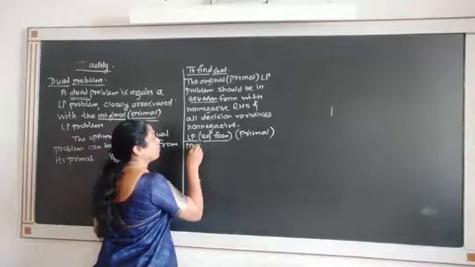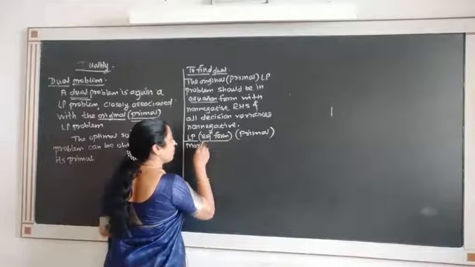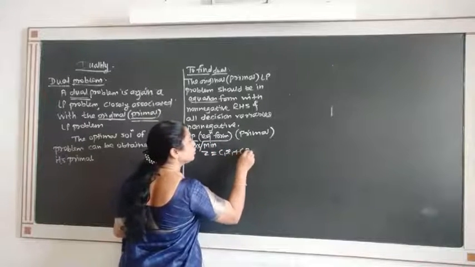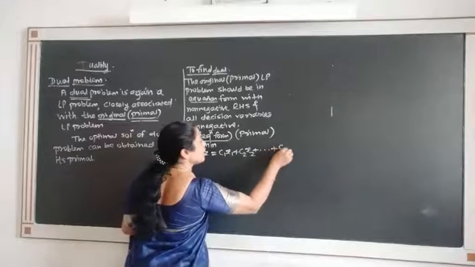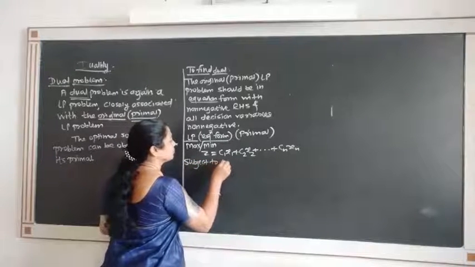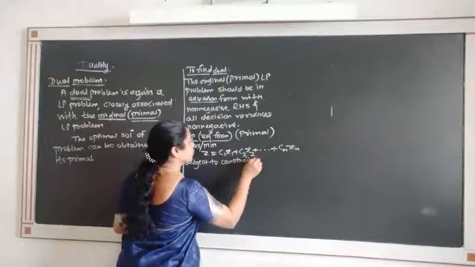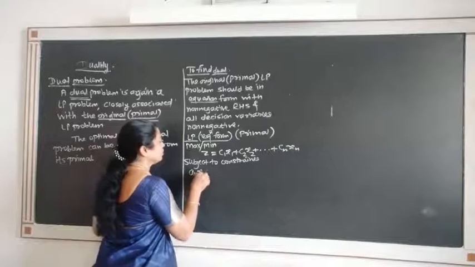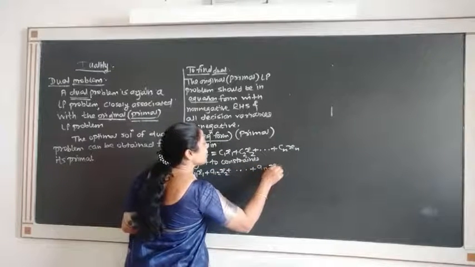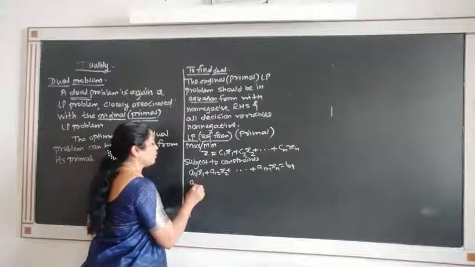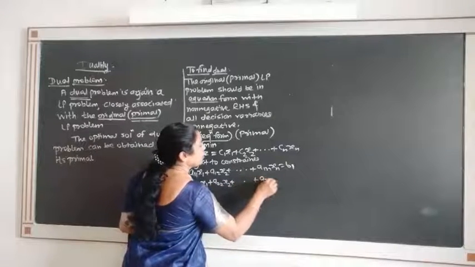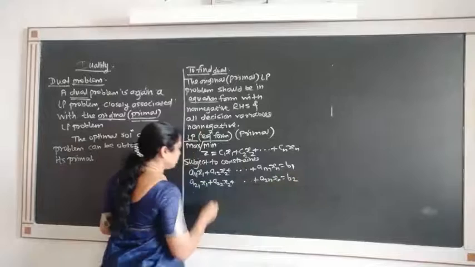Consider the problem: maximize or minimize, it may be anything, z = c1x1 + c2x2 + ... + cnxn subject to constraints a11x1 + a12x2 + ... + a1nxn = b1, a21x1 + a22x2 + ... + a2nxn = b2, and so on.